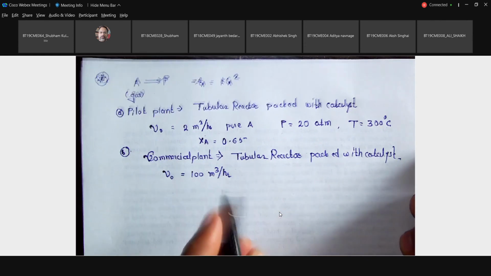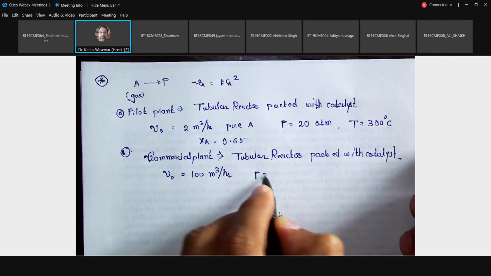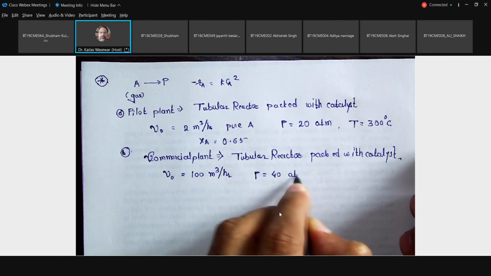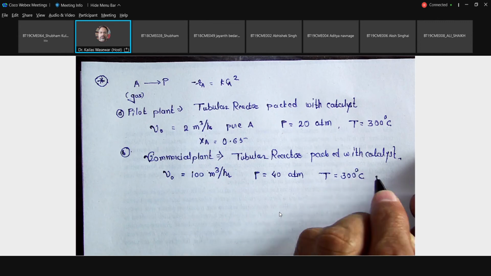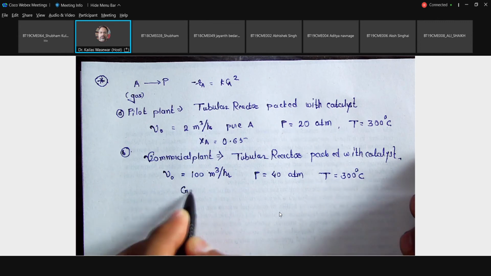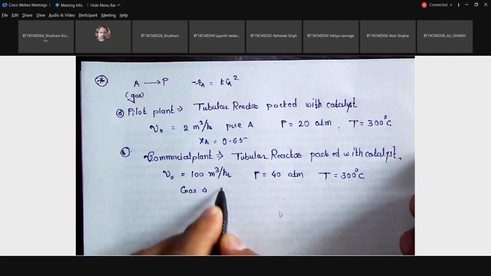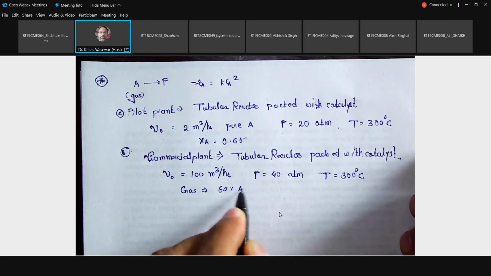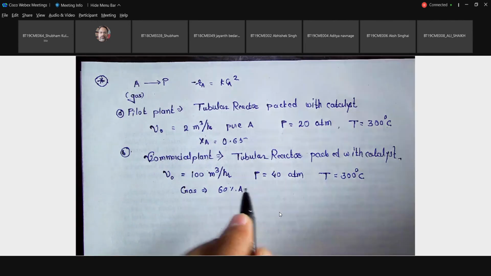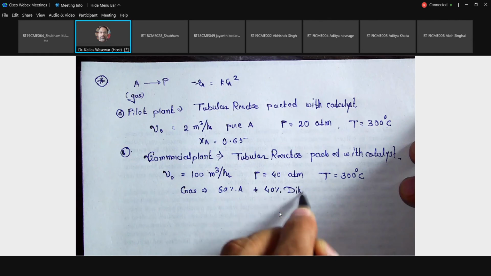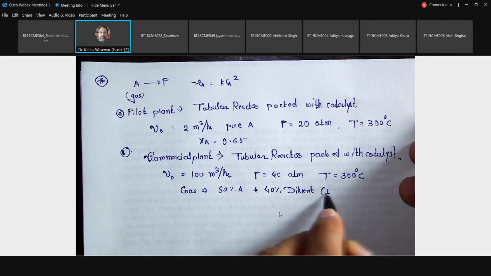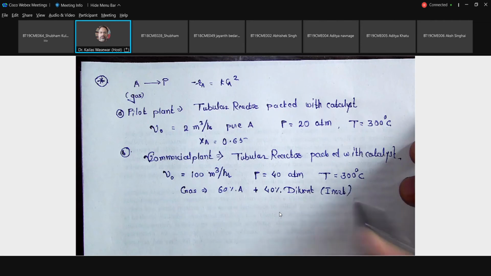And the gas is at pressure is around 40 atmosphere instead of 20, and temperature is same, that is 300 degree centigrade. And the gas contains around 60% A plus 40% diluent, we can say that is simply an inert. And here the expected conversion is around 85%.